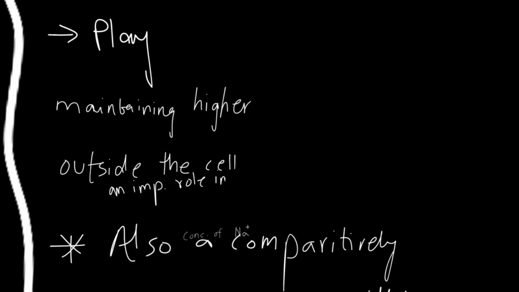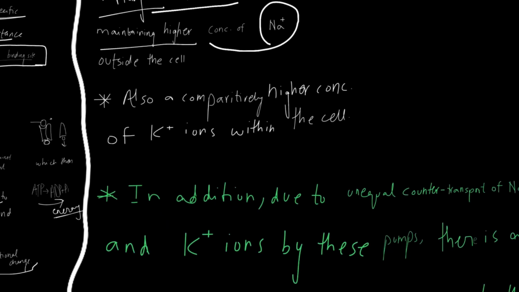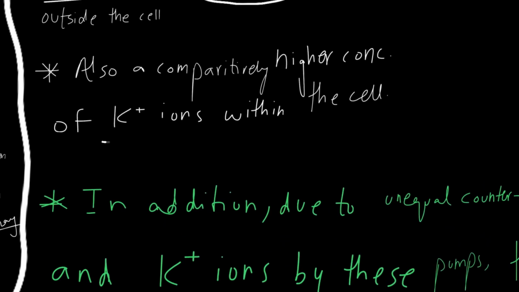What their role is, they play an important role in maintaining a higher concentration of sodium ions outside the cell, and also a comparatively higher concentration of potassium ions within the cell, and we'll see how they do that.